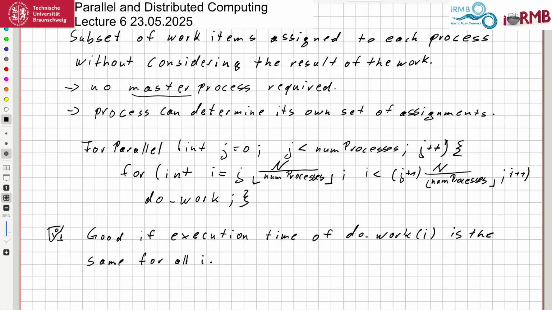So who am I, and from who am I, determine what is my share. So if I have static scheduling, I can easily determine what is my share. If I'm process number 5, I get the 5th share of work, and I pick it up myself, and then I do not need any master.